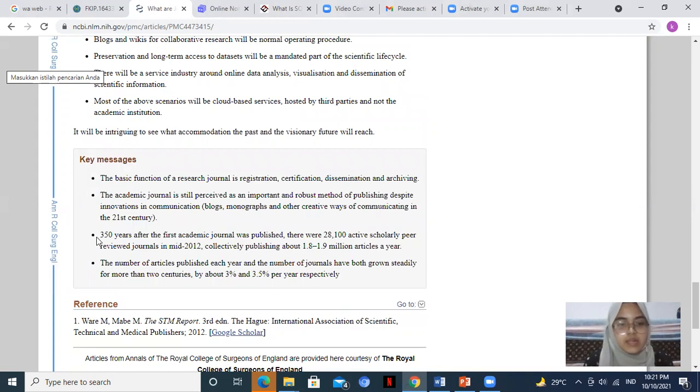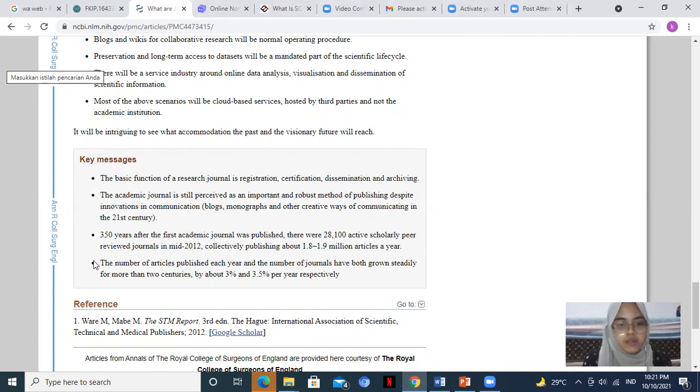So 350 years after the first academic journal was published, there were 28,100 active scholarly peer-reviewed journals in mid-2012, collectively publishing about 1.8 to 1.9 million articles a year.